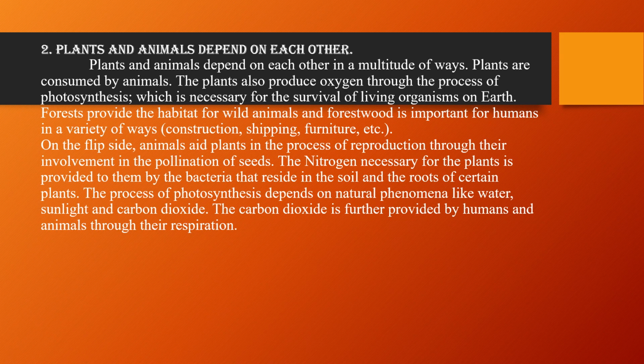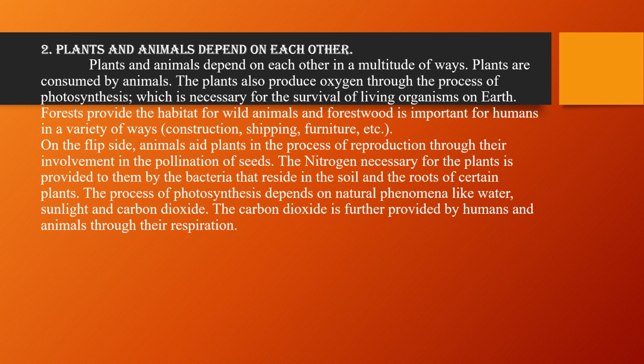On the flip side, animals help plants. Aid means help. Animals help plants in the process of reproduction through their involvement in the pollination of seeds. You might have read this term pollination in your science subject in grade 6, I think.